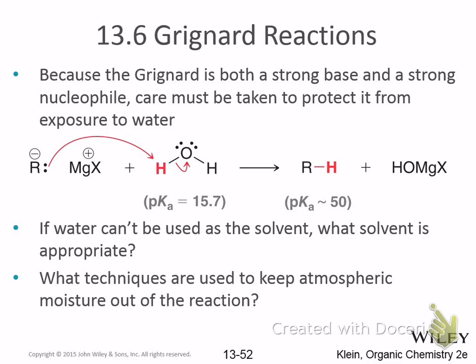That really favors the formation of the product. So one of the drawbacks is that Grignard reagent reacts with carbonyls, and it reacts with water. Experimentally, it's a real pain in the butt because you have water on almost every piece of glassware.